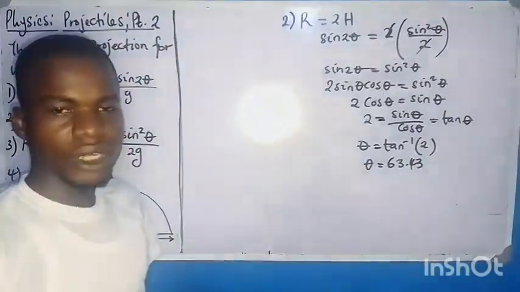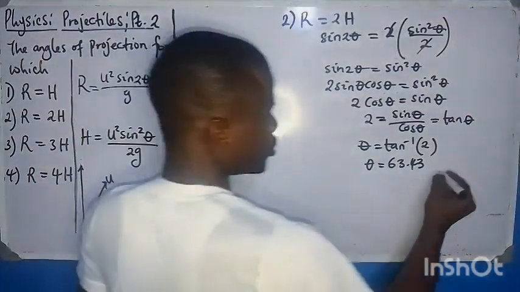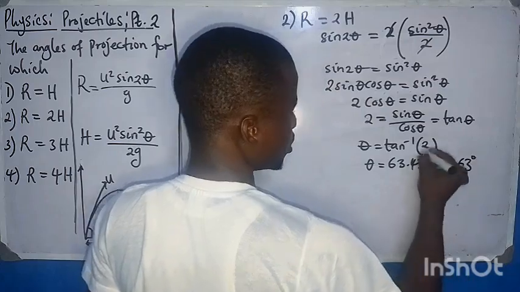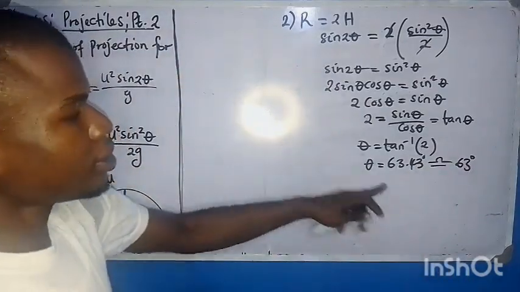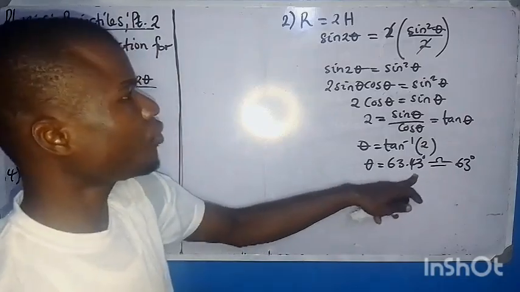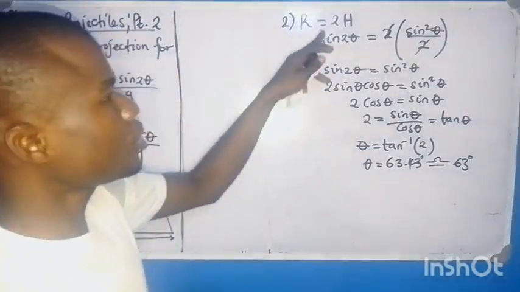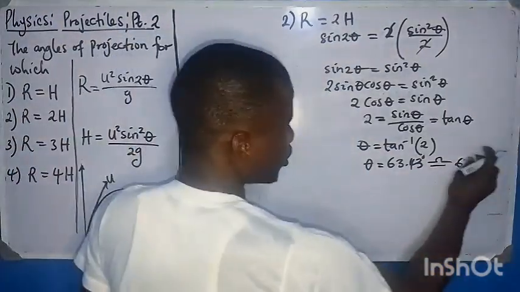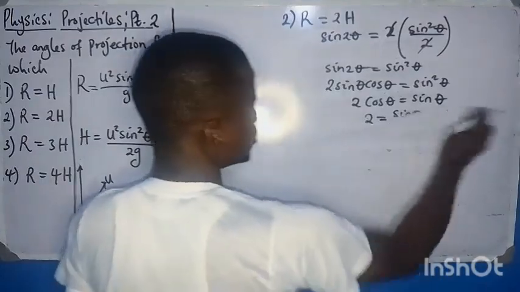That should be approximately 63 degrees. So at 63.43 degrees, the range of the projectile is twice the maximum height.